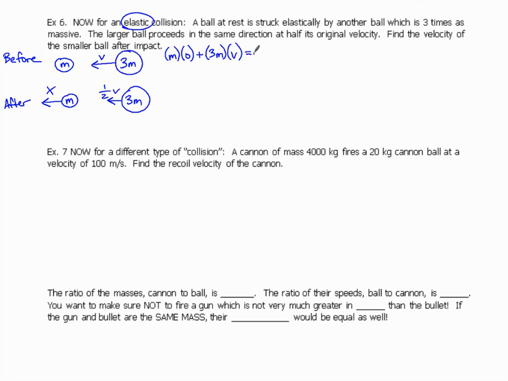After the fact, the smaller ball of mass m moves off with a velocity of x. Again, I made v going left positive, and so x is not going to have a negative sign attached to it. Plus, we have the 3m ball, the ball of mass 3 times m, and it is moving at 1/2 of its original velocity.